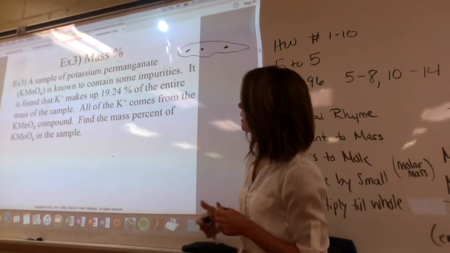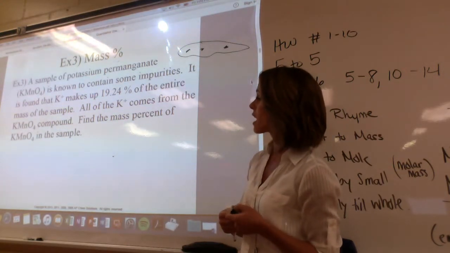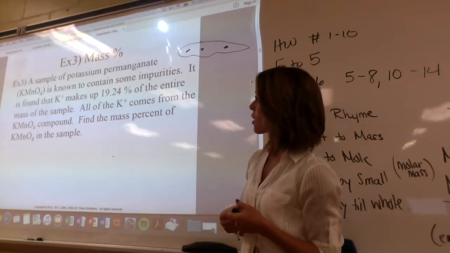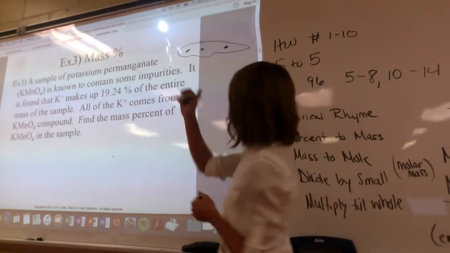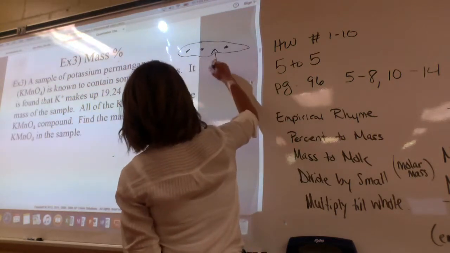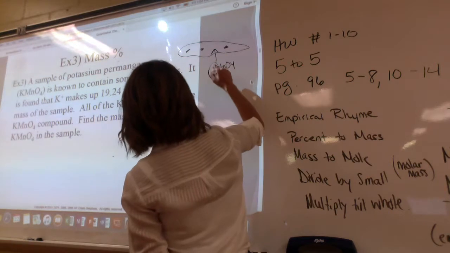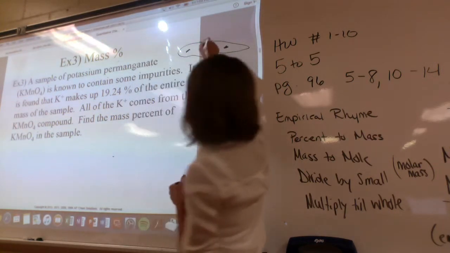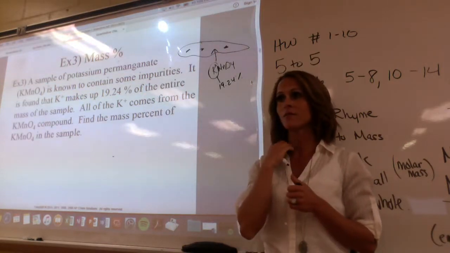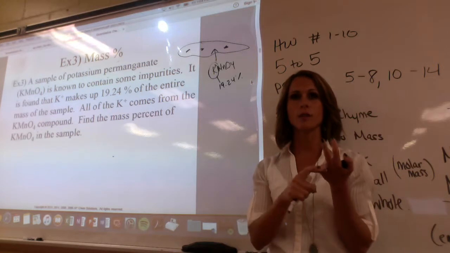It says then that it is found that K plus makes up 19.24% of the entire mass of the sample. All of the potassium comes from the potassium permanganate compound. Right, so in here is KMnO4. And then all of this K is 19.24%, but this KMnO4 isn't the whole sample, is it? Because 100% of the sample is made up of KMnO4 plus impurities.